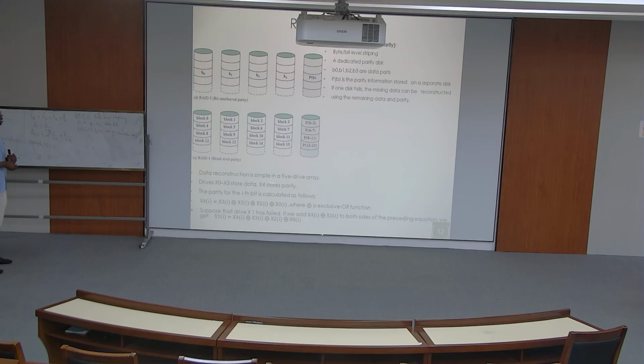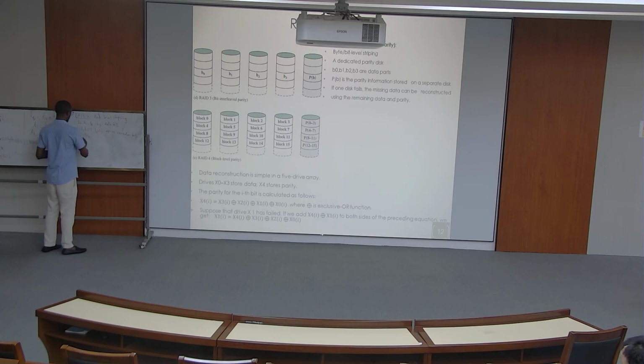We have data reconstruction in this 5-drive array. Let's imagine we have the drives X0 up to X3, and these store data. Then the parity for the I-th bit can be calculated using the following expression.